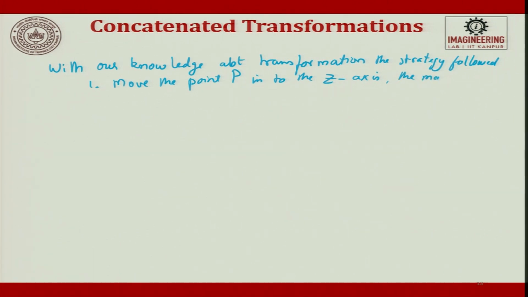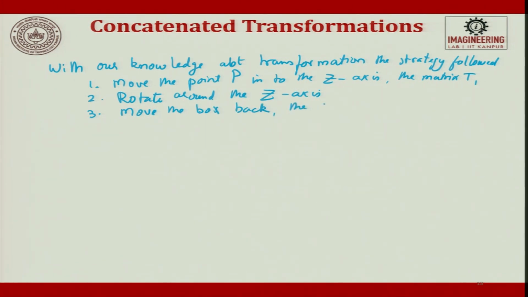The matrix is T1. To rotate around the z axis. Move the box back. The matrix is T2 dash transformation.